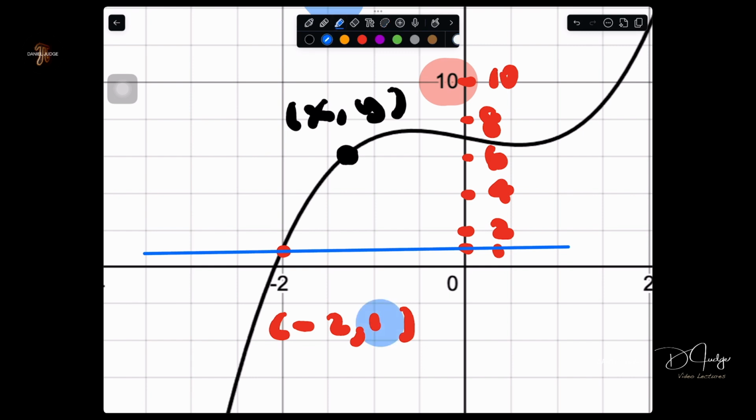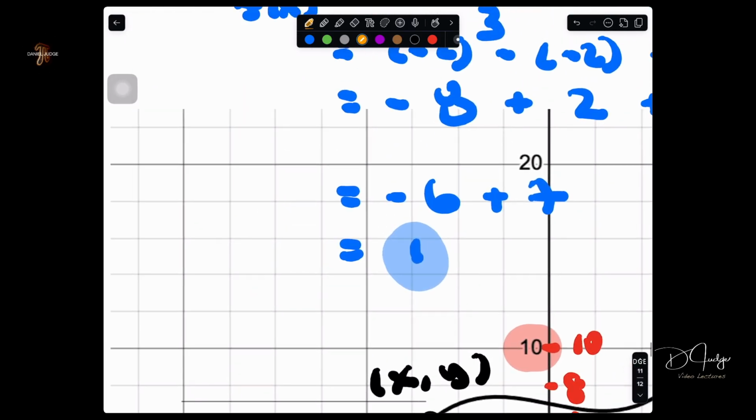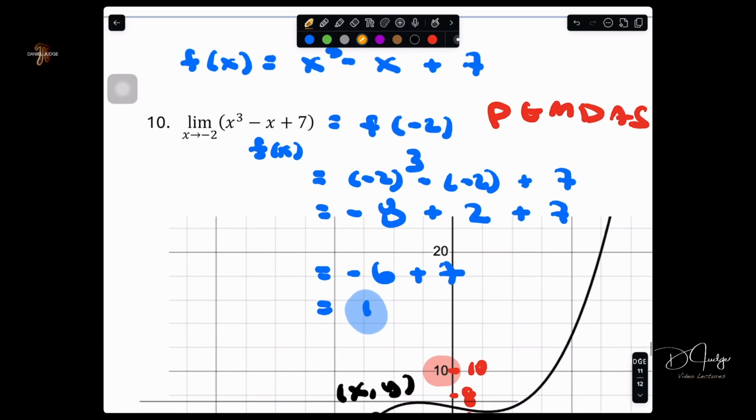They both equal 1 because you're approaching from both directions, if you remember. You're approaching from here, from the left, and you're approaching from the right. Every x value has a corresponding y value. So you're meeting at the point -2, 1, and sure enough, that was the limit we talked about. So the graphical approach is verified.